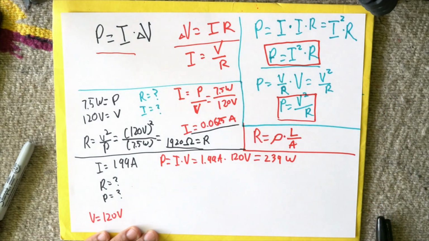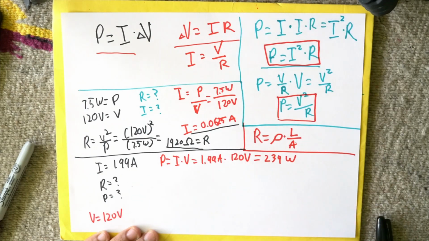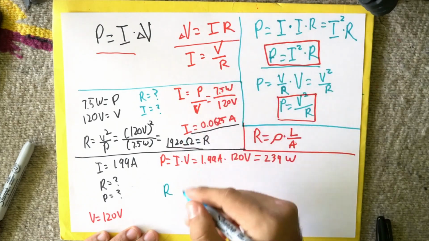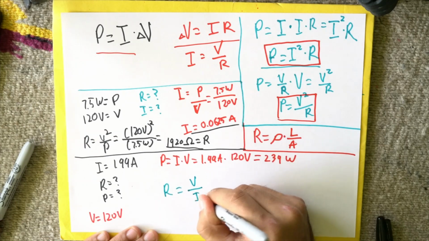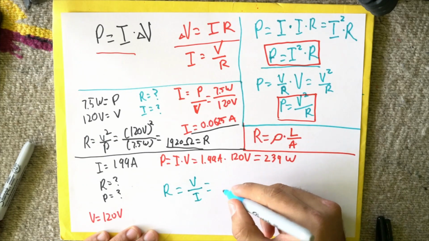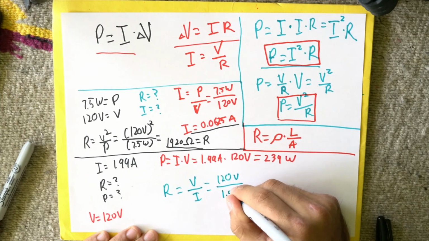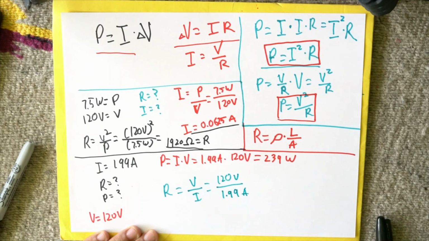However, I always like to use our knowns, which is current and voltage. And look at that, we just happen to have that equation right there. To find the resistance, I need to manipulate this equation, divide I to both sides. So R equals V over I. That will equal 120 volts divided by 1.99 amps.